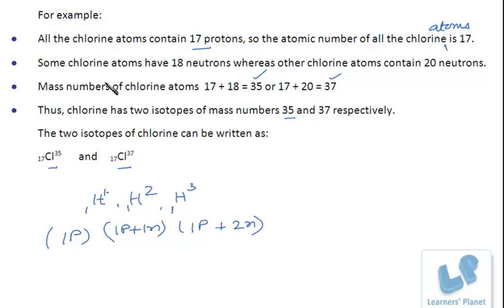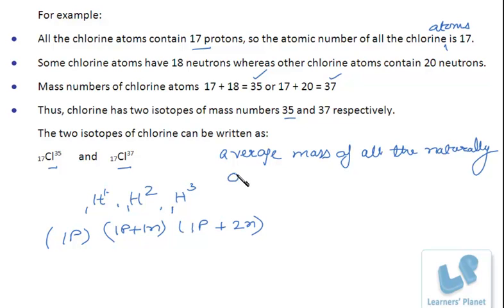If an element exists in isotopic forms, then the mass of an atom of the element is calculated as the average mass of all the naturally occurring isotopes. If an element does not have any isotope, then the mass number is the sum of the numbers of protons and the neutrons.